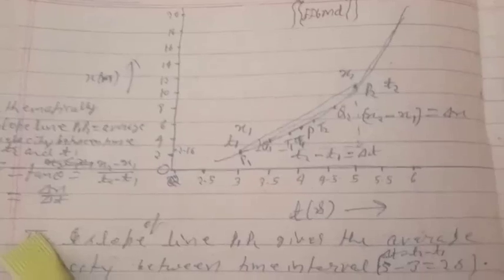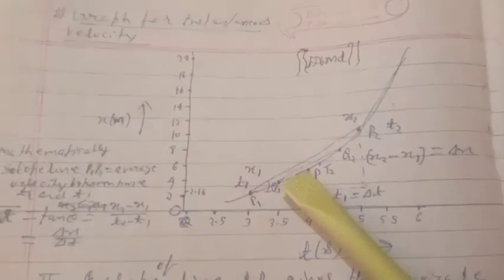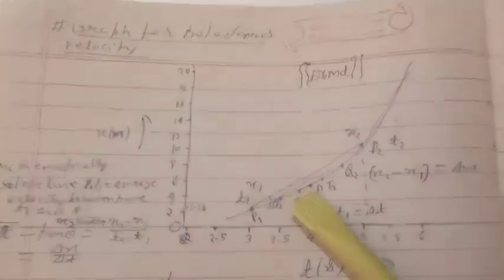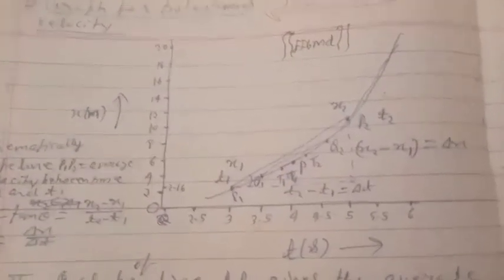And now we want to calculate instantaneous velocity at point P. The slope of the line P1P2 gives the average velocity between the time interval delta t, t2 minus t1, that is 5 minus 3, equal to 2 seconds.